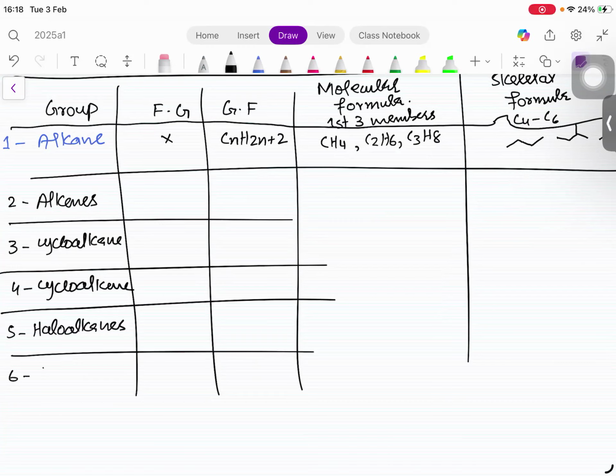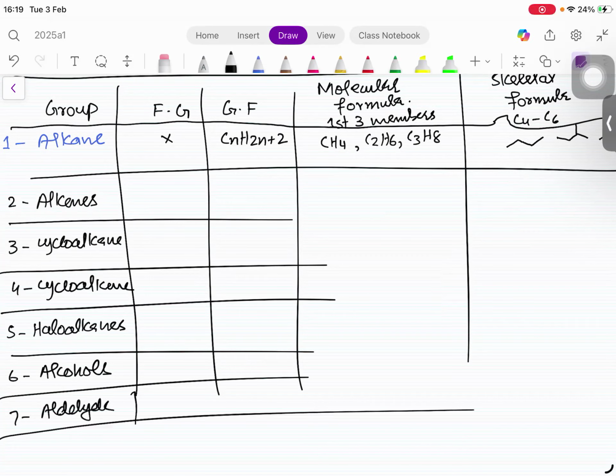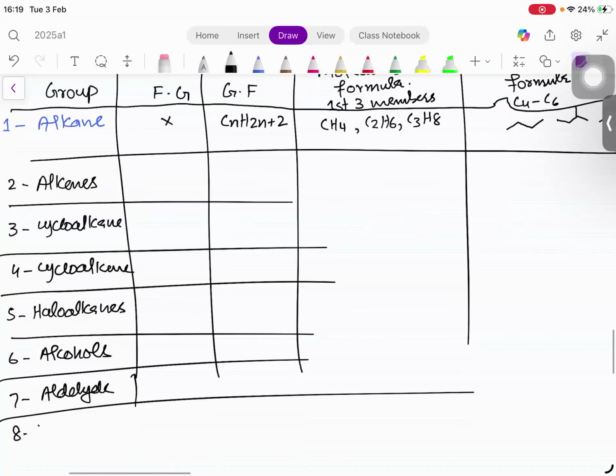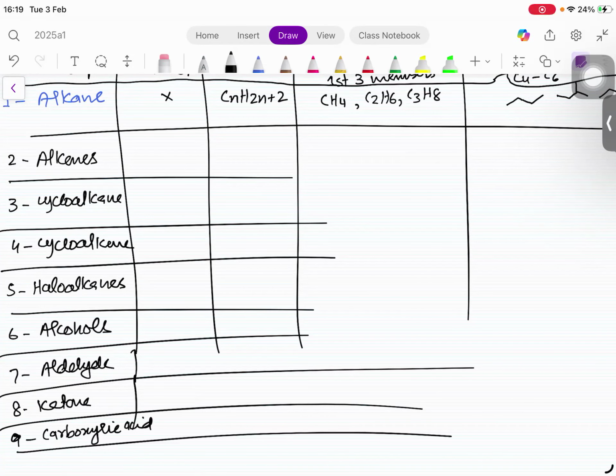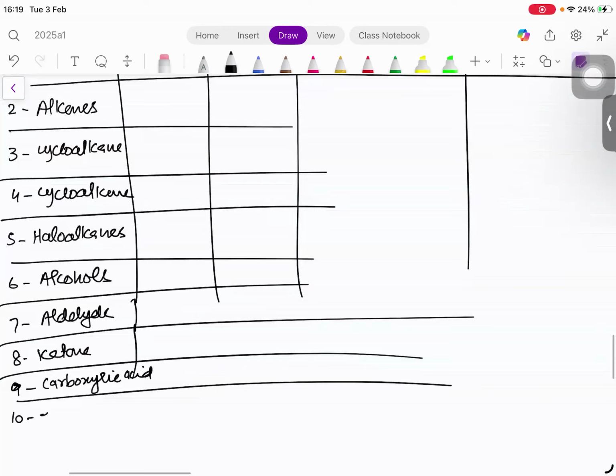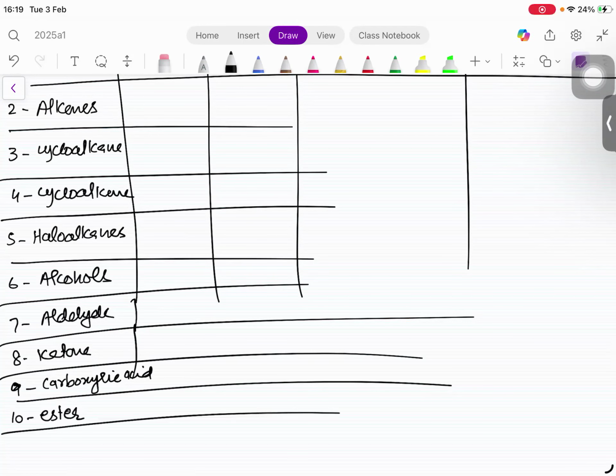Then it was alcohols. Then aldehyde. Then ketone. Then carboxylic acid. Then ester. And then nitrile.